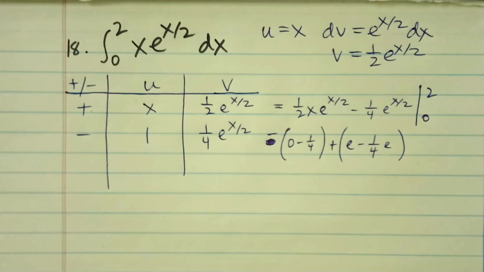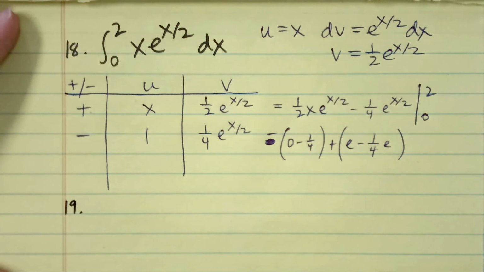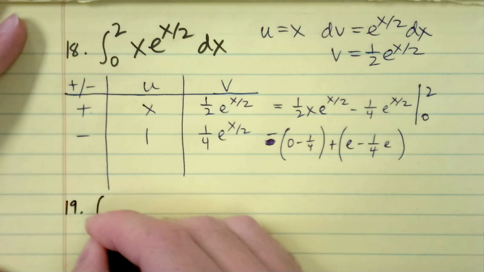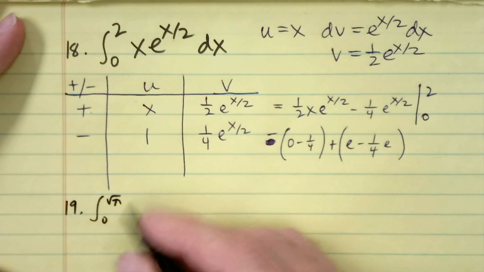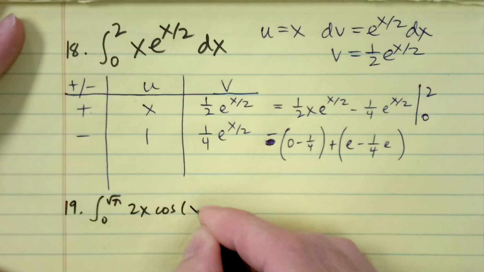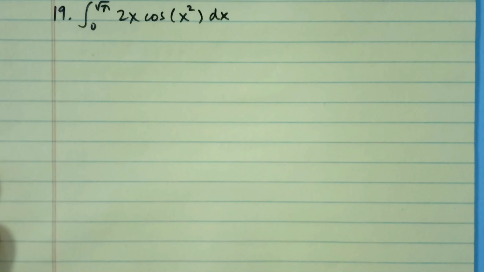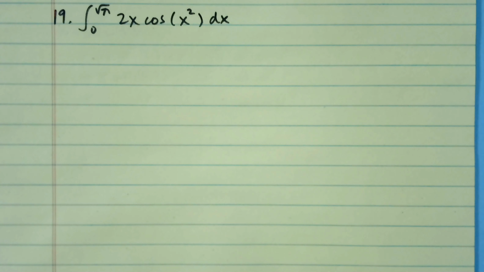So let's stop there. And then number 19 is going to be the integral from 0 to the square root of pi of 2x cosine of x squared dx. All right, and this is a u du. I'll take this one all the way, even by converting the bounds. I need a different color of pen, though.